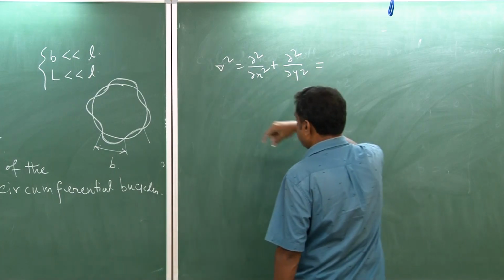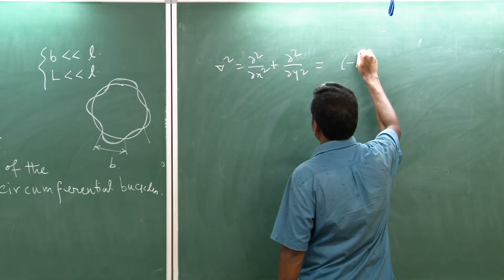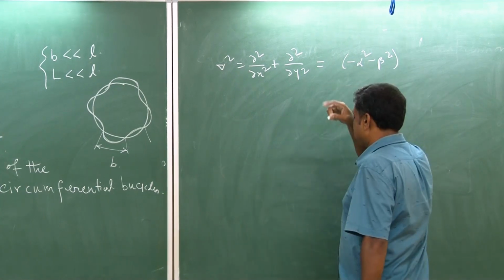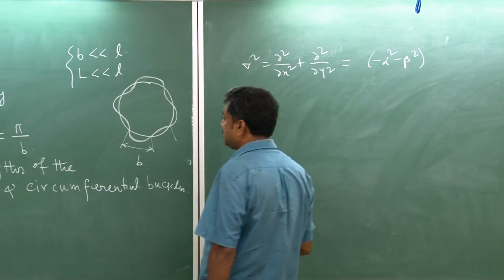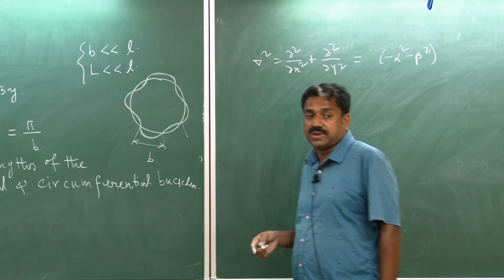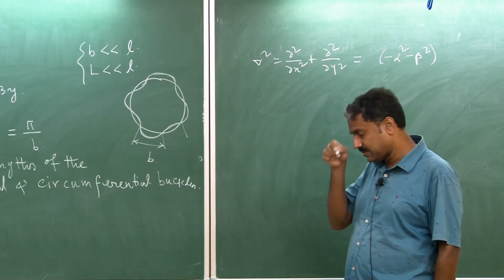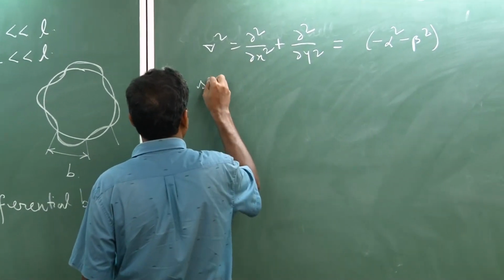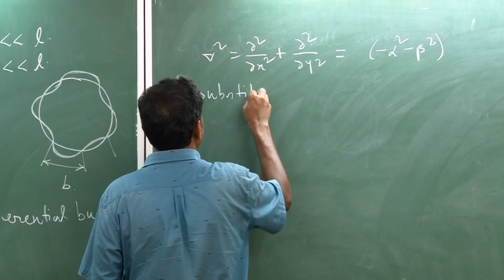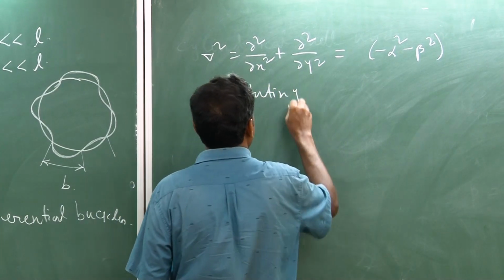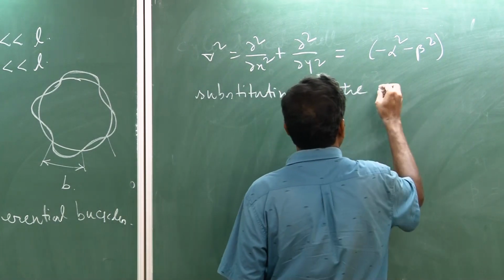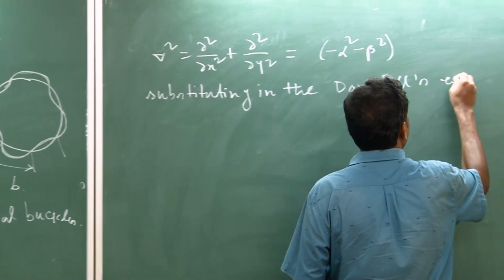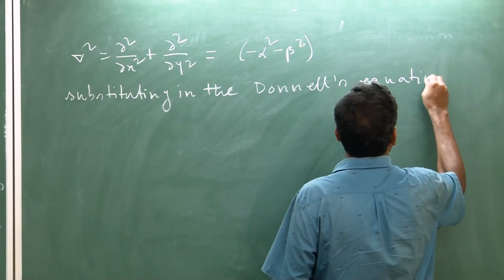If you differentiate twice, it will be minus alpha squared and minus beta squared, twice. So if we consider the governing equation, lambda squared, lambda to the power 8, and substitute this solution into Donnell's equation, what are we going to get?